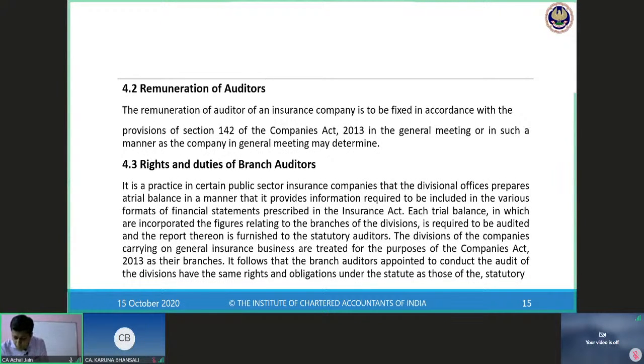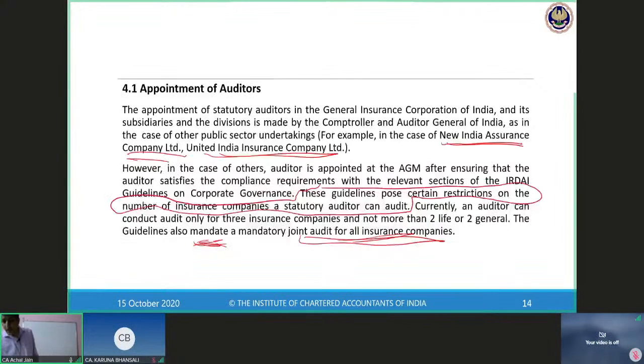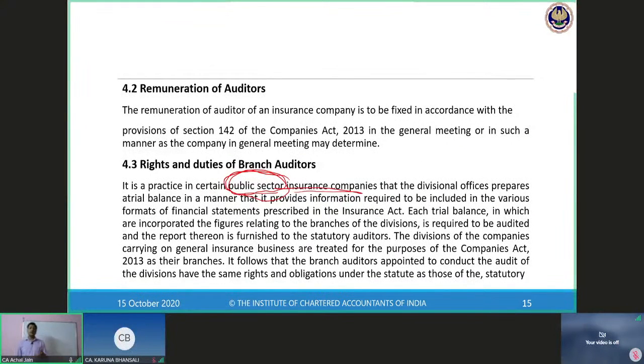We are talking about public sector insurance companies because private insurance companies are into the private sector. Public sector is one like New India Assurance, United India Assurance. What is going to be the private sector? For example, ICICI Prudential and HDFC Ergo are all into the private sector.